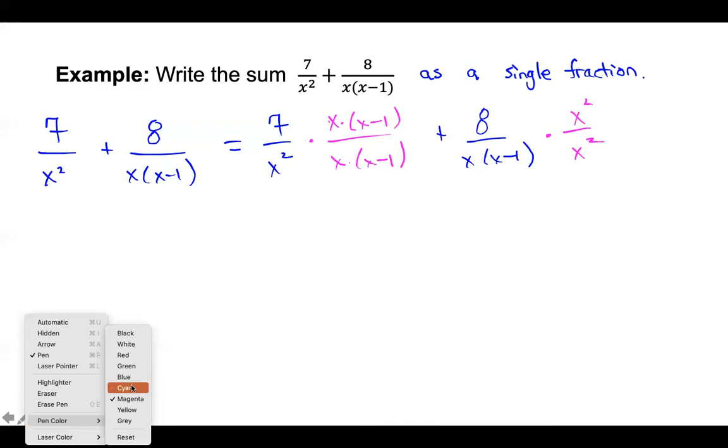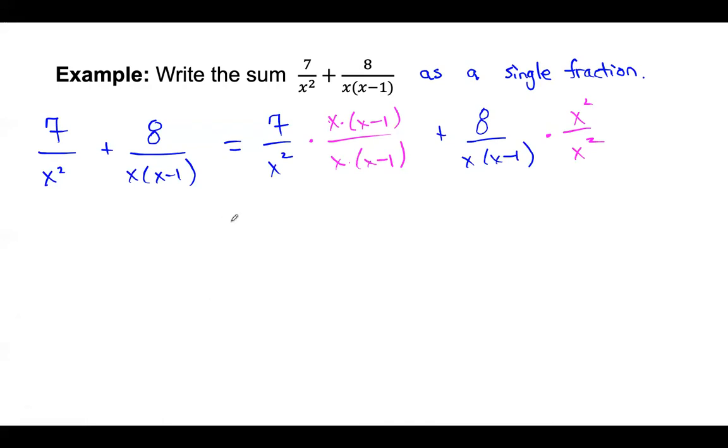We can multiply all this out. So we're going to get 7 times x minus 1 plus 8 times x squared.